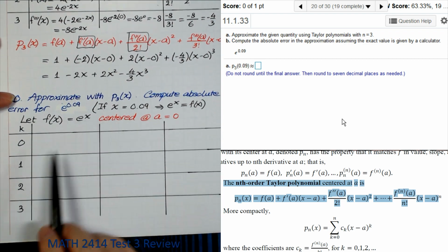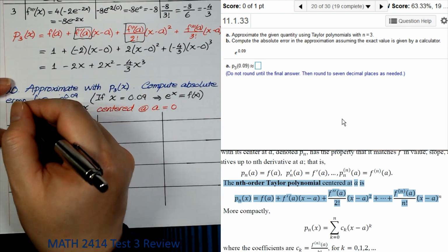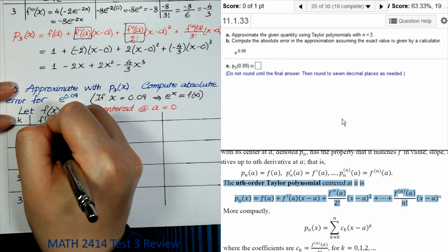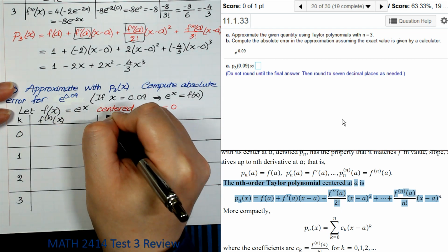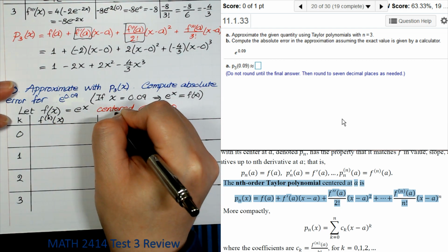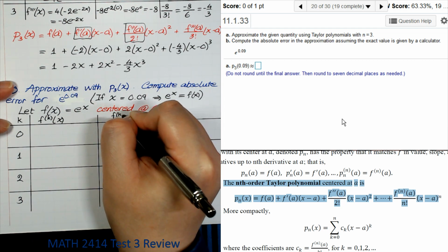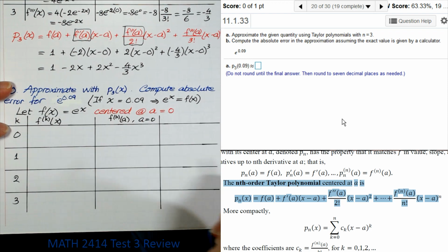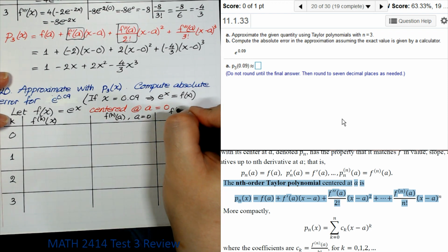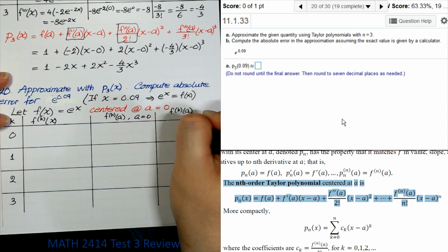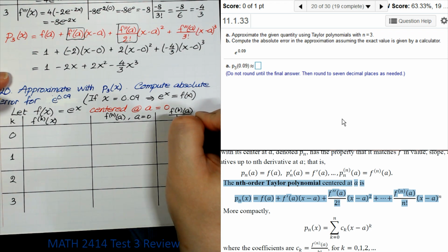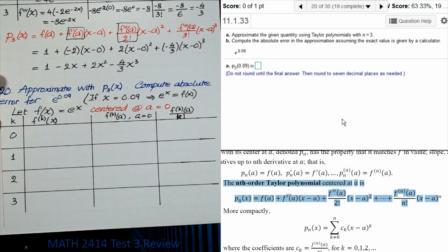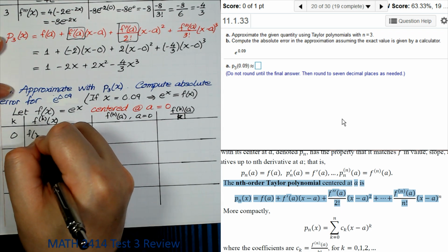It's up to order 3, so we need 3 of them. Right. The k-th derivative of f at a, where a is 0, and that k-th derivative at a divided by k factorial. Right, so now this one is easy.